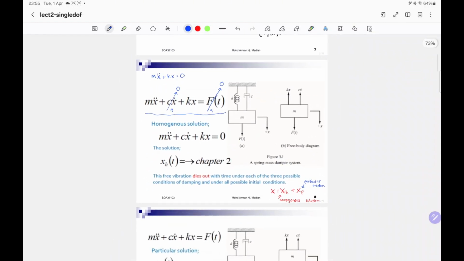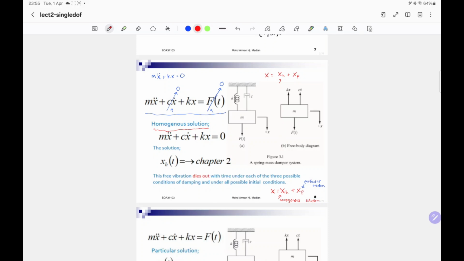Alright, so basically the solutions that we have seen before for the 4 different cases originate from x equals xh plus xp. So what is xh? xh is what we call the homogeneous solution, and the homogeneous solution is basically contributed by free vibration.